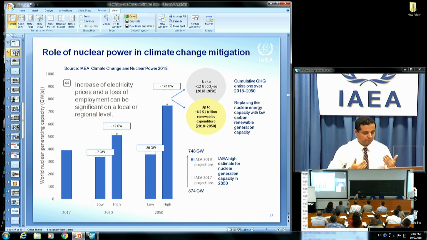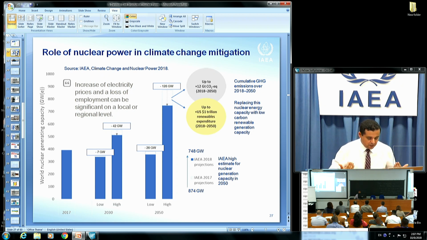Compared to a report published last year, estimates for nuclear power generation capacity and its share in electricity production are likely to decrease by 126 gigawatts in 2050, and that means some 12 gigatons of CO2 equivalent emissions will be emitted and nuclear cannot reduce this type of emission.